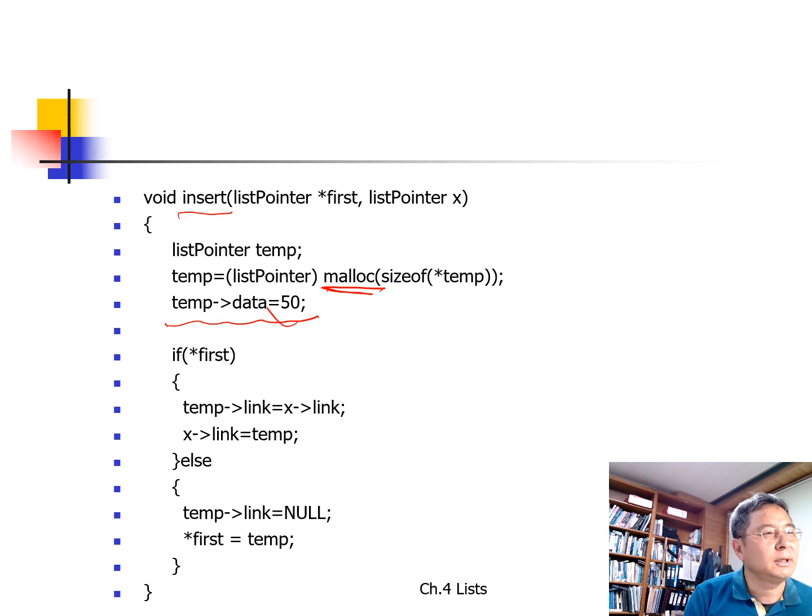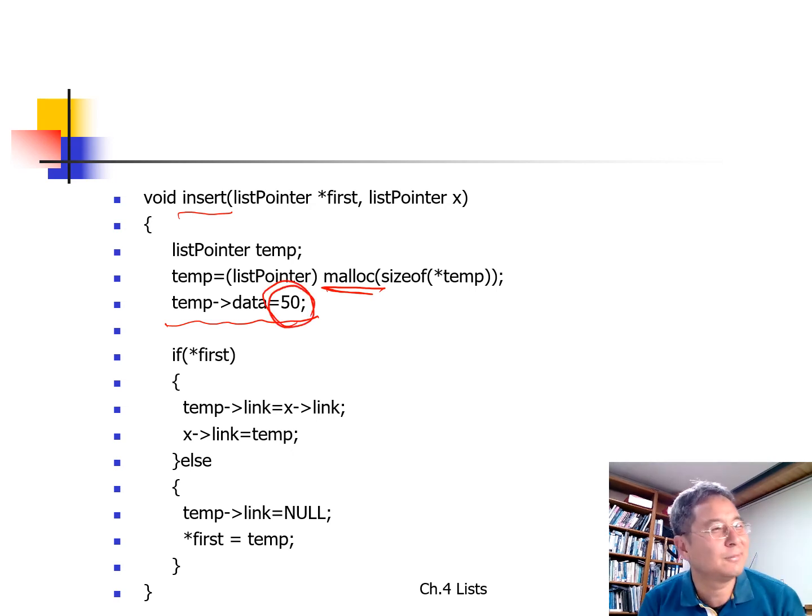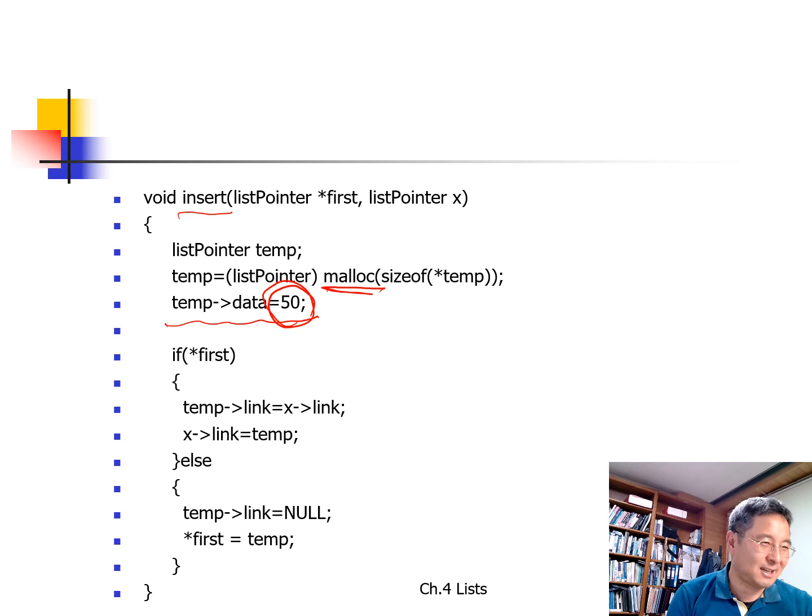The data itself is fixed here, 50. And temp's link equals access link.